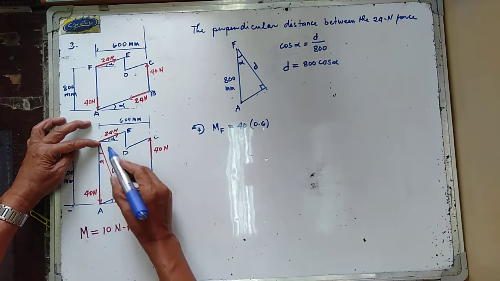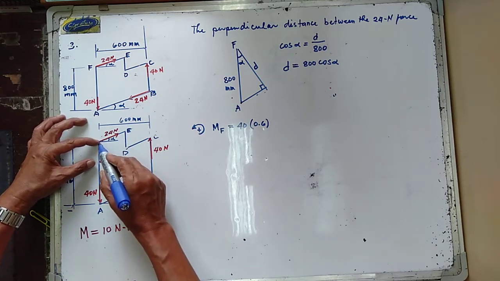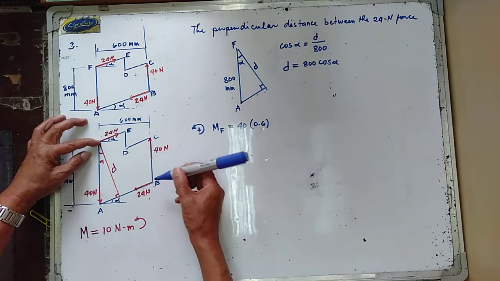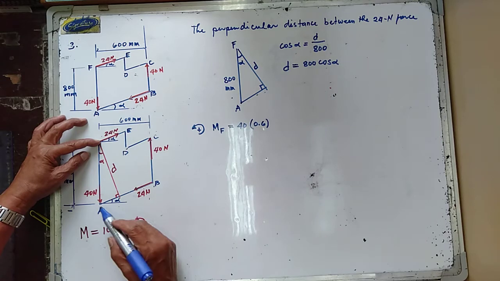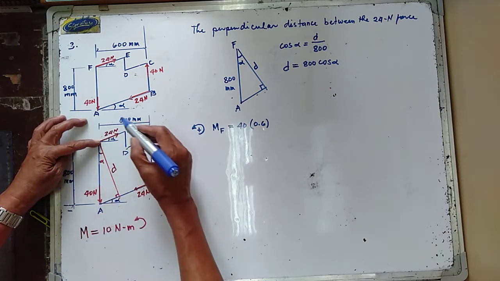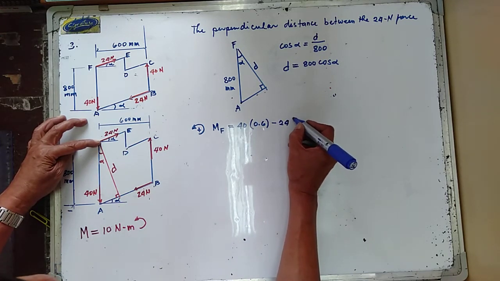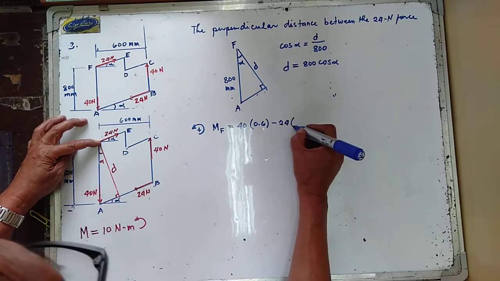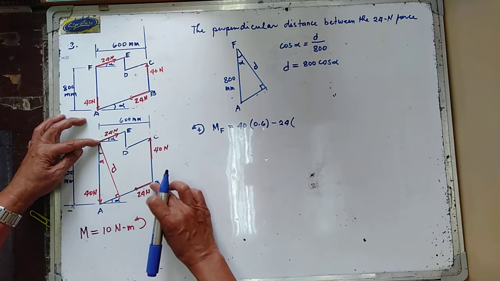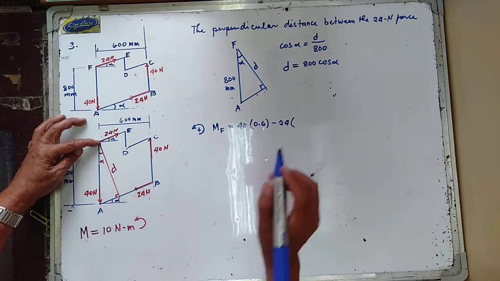The 24 on edge FE has no moment about point F because it passes through the moment center. The 24 on edge AB of the plate will have a clockwise moment. So we have minus 24, multiplied by the perpendicular distance from the moment center to the line of action of this force, and that is equal to D.